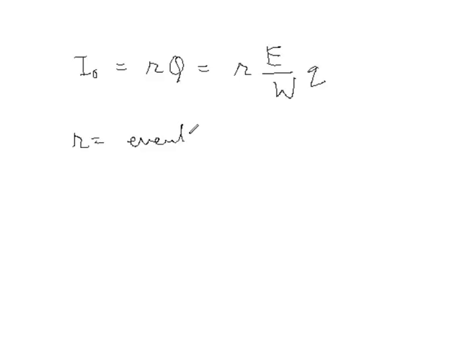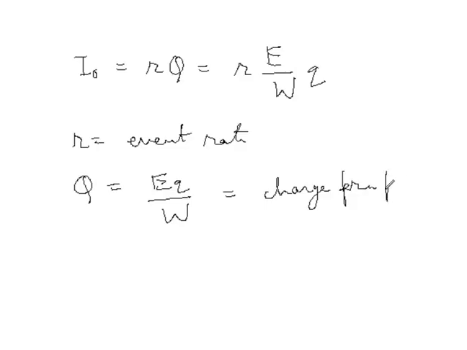Now the average current is given by the product of the event rate and the average charge produced per event. What are these things? Let me write it down. Here R is the event rate, and Q is the charge collected, given by EQ/W, or basically the charge produced per event.